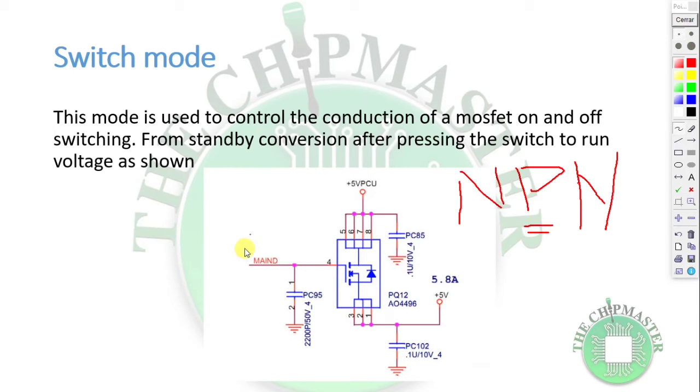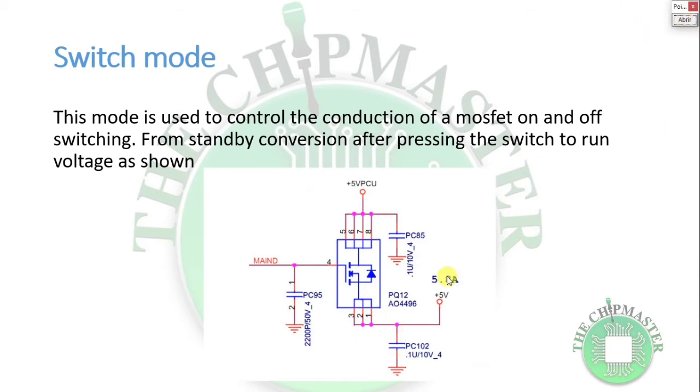So the voltage should be here. Normally the conduction voltage of this MOSFET is about 4.5 volts. Once 4.5 volts or more is coming to the gate, then this MOSFET will conduct. This is how the working conditions of this MOSFET work.